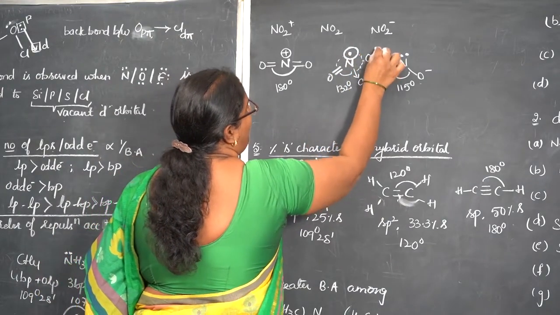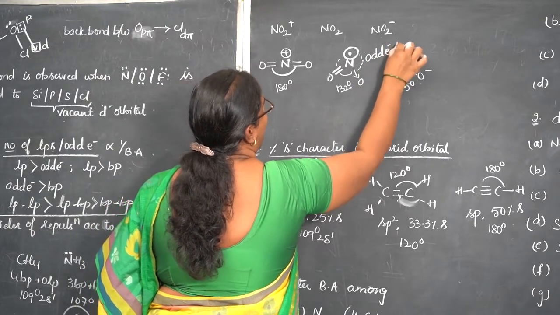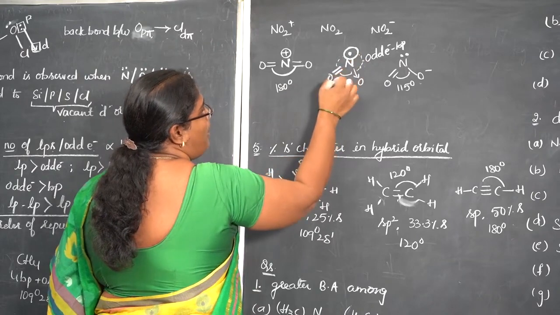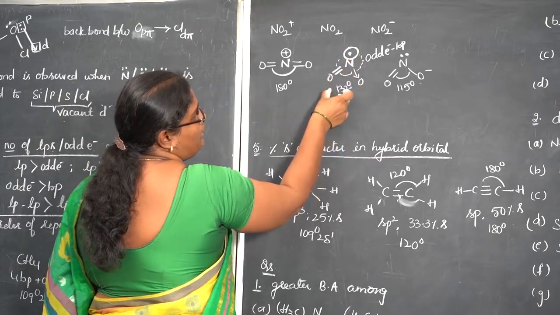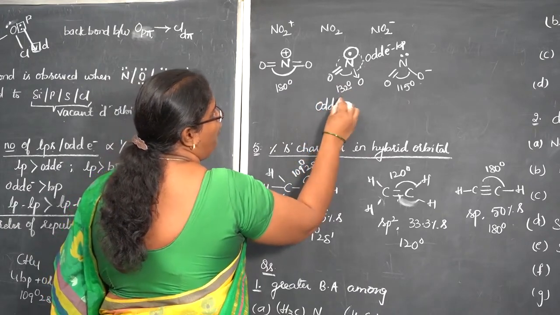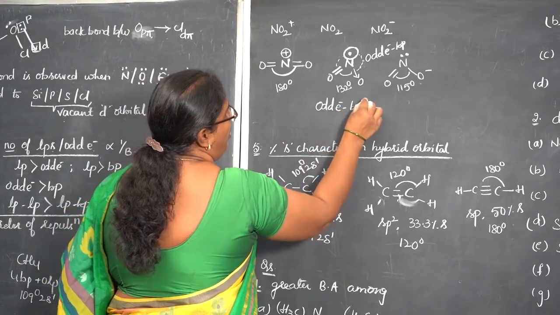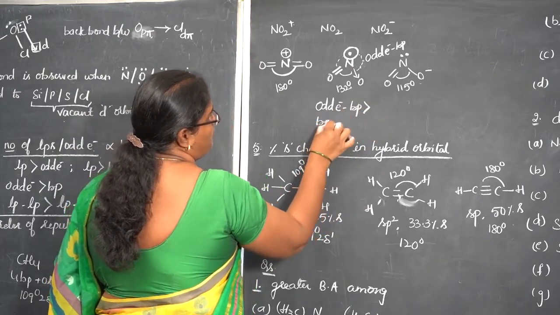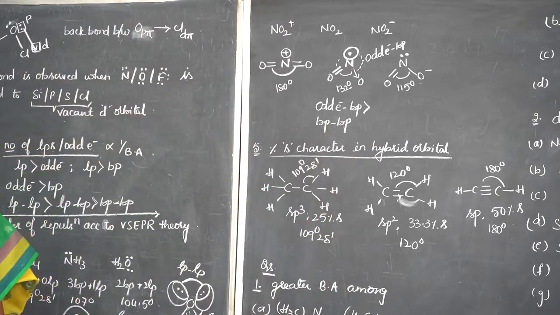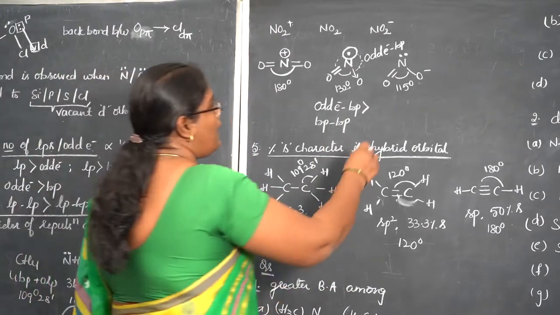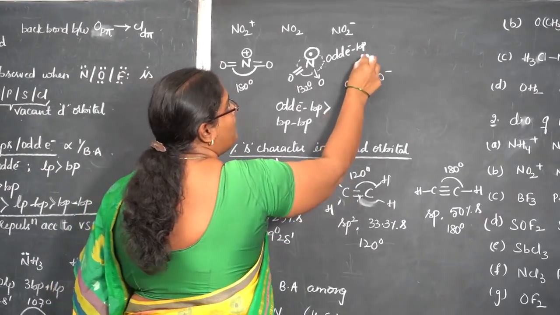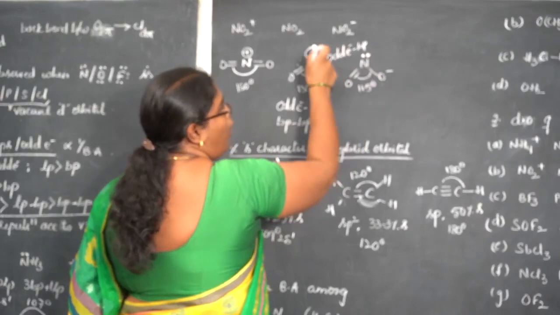So here we have odd electron bond pair repulsions. To minimize these repulsions, bonded pairs come close to each other. So the decrease in bond angle in NO2 is because of odd electron bond pair repulsions, which are stronger than bond pair repulsions.